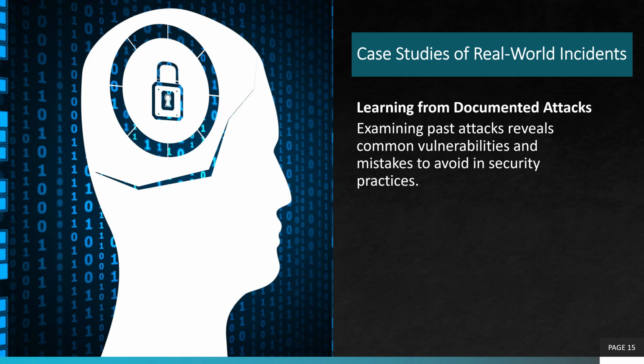Case studies of real world incidents. Learning from documented attacks: examining past attacks reveals common vulnerabilities and mistakes, so you can avoid insecure practices. Sometimes you can learn from other people's mistakes, from other web servers' vulnerabilities that were exploited.